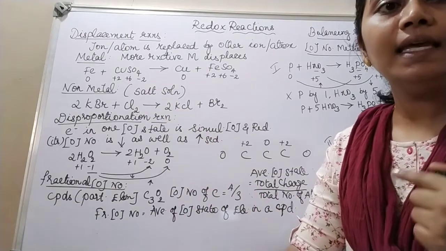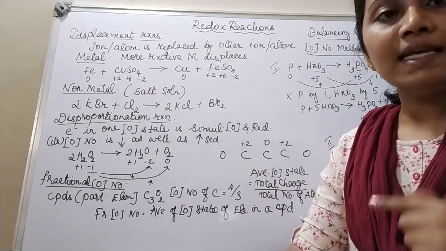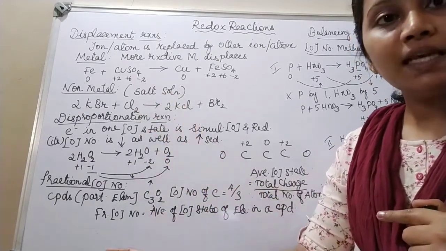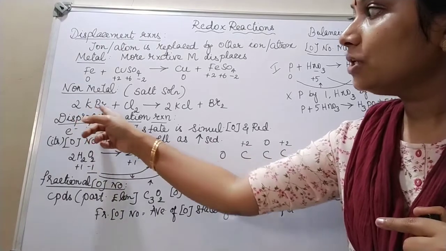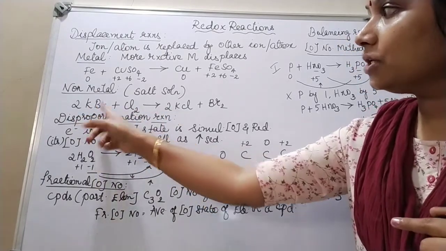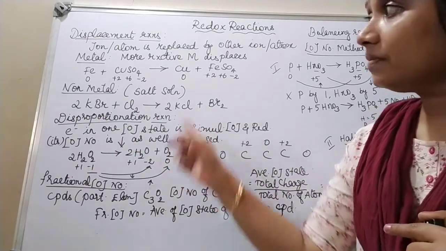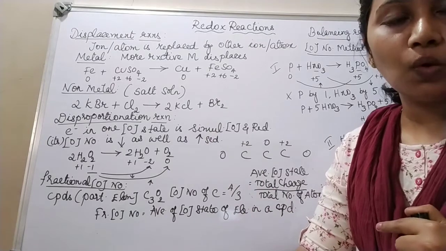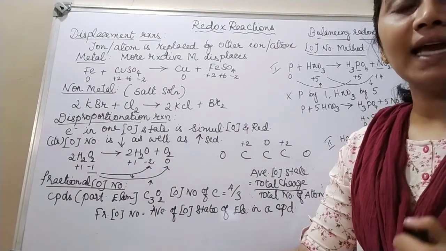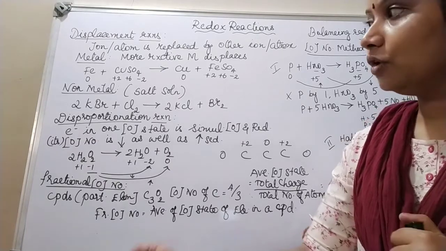For example, potassium bromide plus chlorine gives potassium chloride plus bromine. So this is a non-metal displacement reaction, where a highly reactive non-metal displaces a less reactive non-metal.